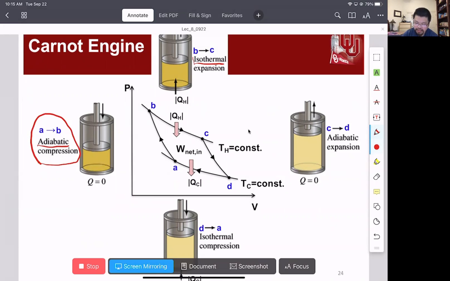So we simply take it, and we have also validated that his design is indeed the best heat engine. Okay.